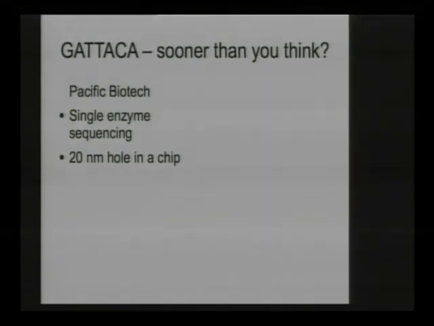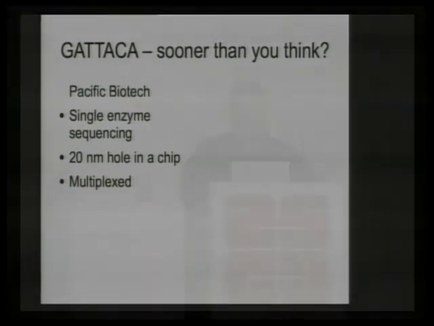And this will actually yield thousands of bases, so very, very long reads with very, very high accuracy. You might think, okay, it's very nice, but it's only one enzyme, but they multiplex it. So they put thousands, 10,000, 100,000, I don't know how many, of these holes with each an enzyme in it on a single chip, and they all run in parallel.